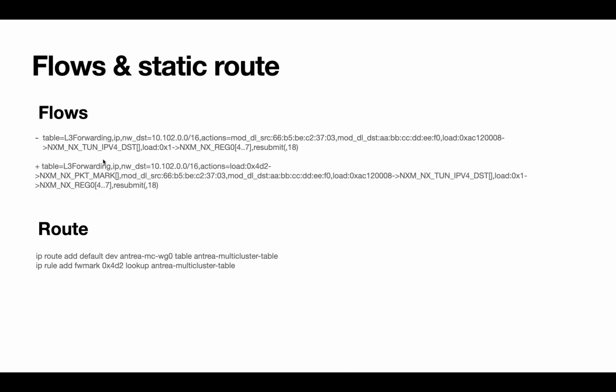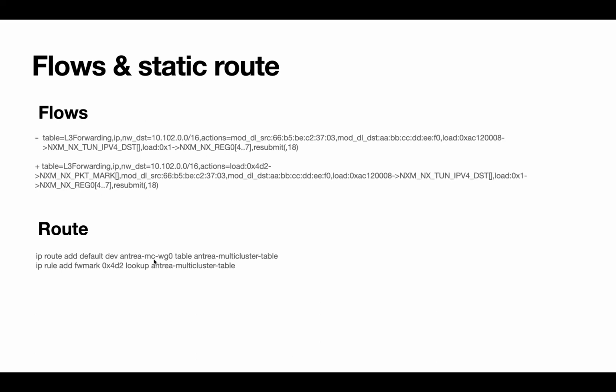After we add the mark, we should add a host IP rule, just like this. It will check the mark and look up the Antrea multiple cluster table. As for the Antrea multiple cluster table, the default device of this table is the Antrea multiple cluster WireGuard interface we just created before.